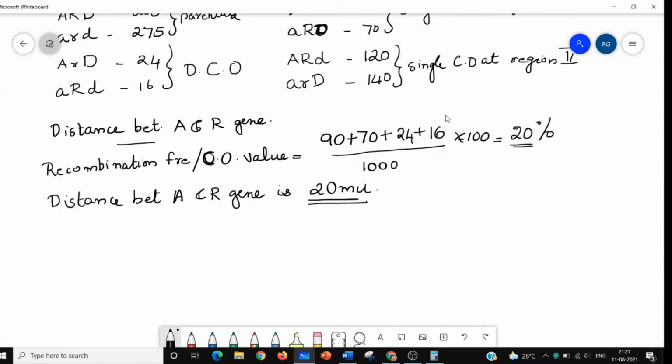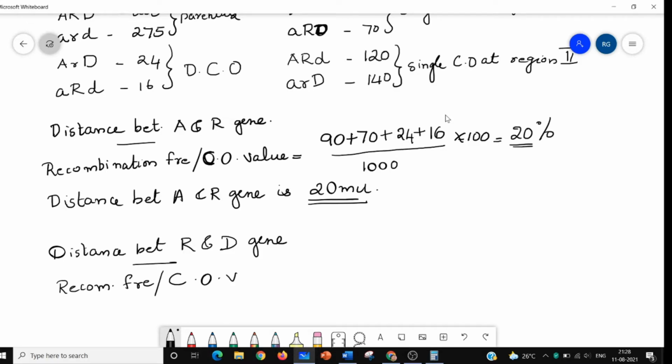Now we are going to find out the distance between R and D gene. Here also we find the recombination frequency, where we add the recombinants produced by single crossover at region 2.